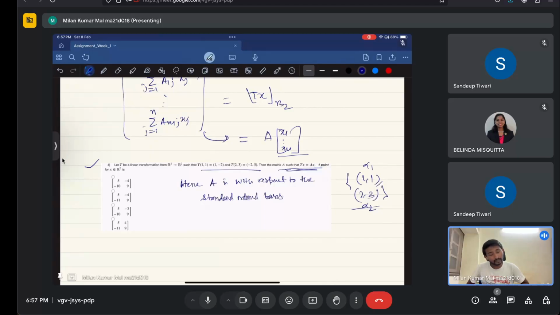Now we can give the matrix representation of T with respect to this ordered basis, for both left and right hand sides. Also, one can consider the left hand side standard and the right hand side this, or vice versa. But whenever it is not mentioned, it is asking for the answer in the standard ordered basis, because I have checked that this will not hold for the ordered basis alpha 1, alpha 2.